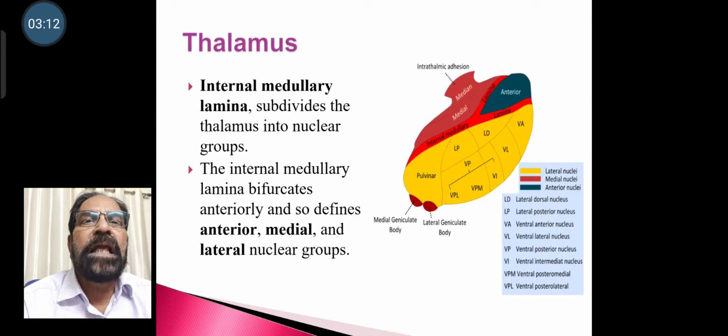Now coming to thalamus proper, there is one internal medullary lamina that subdivides the thalamus into nuclear groups, as you can see in the picture. The internal medullary lamina bifurcates anteriorly and so defines the anterior nucleus in between the stems, then medial and lateral nuclear groups.